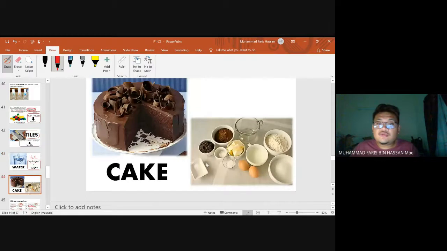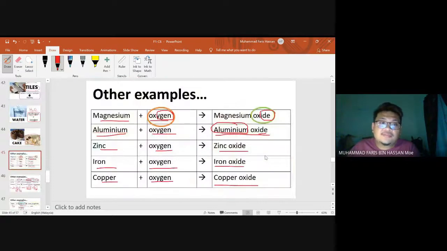Okay, same goes for the cake. With all these ingredients, they will mix chemically to form a cake which has its own characteristic. And then another example, all the metals that react with oxygen will form a metal oxide.